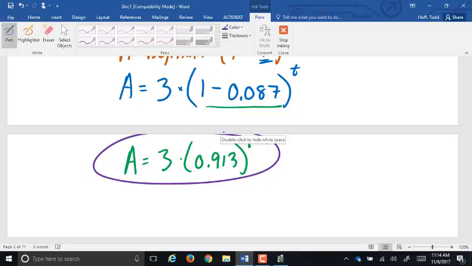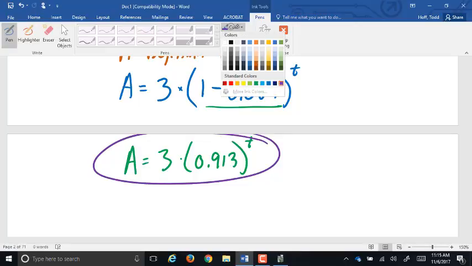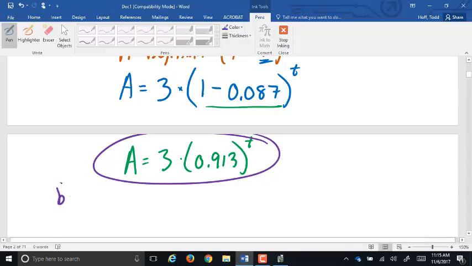Well, let's see what the first question is here. I guess the first question, part B there, after we found the model, is what is the balance after 1 year?